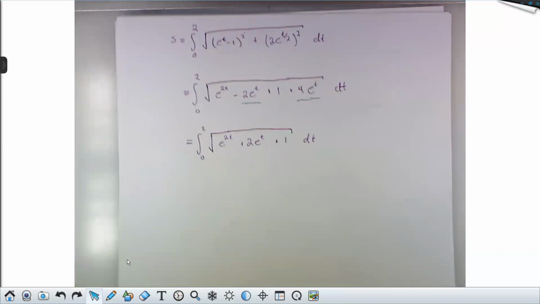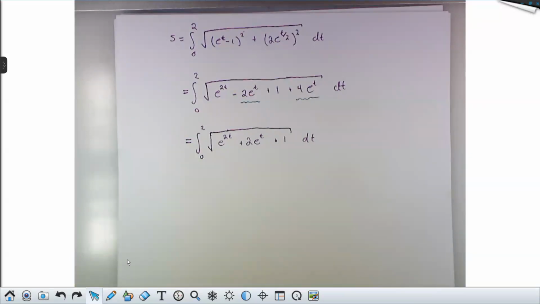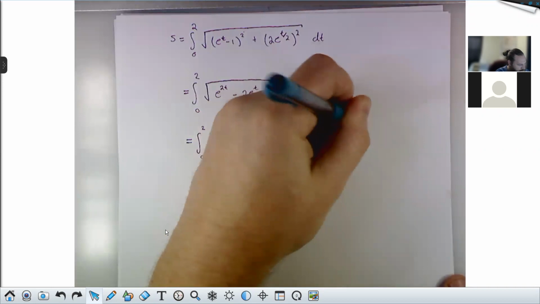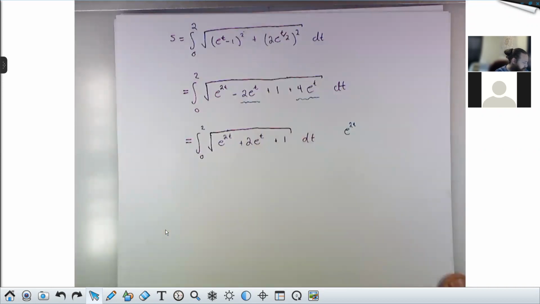I mentioned the other day that from time to time when solving these problems, you'll need to lean on some factoring tricks that you may have learned in pre-calculus or college algebra. This is one of those places. I would say it is nice to recall that e to the 2t is the same as e to the t squared.